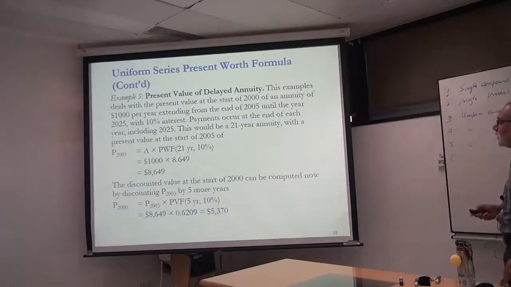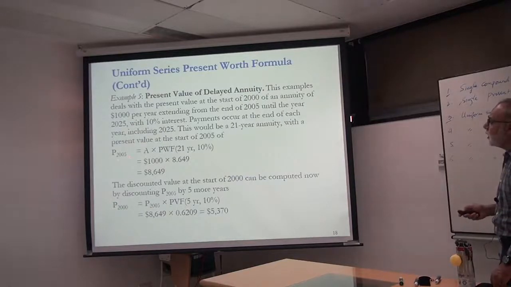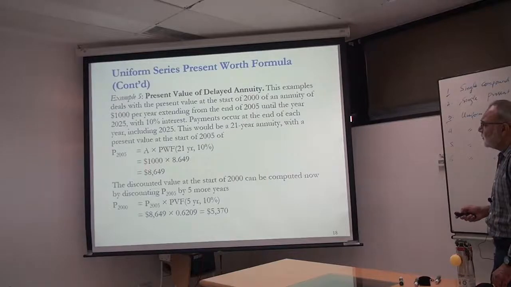So first we find the present value at year 2005, and then once this becomes a single payment, we can use the single payment present worth formula and bring it back to year 2000.